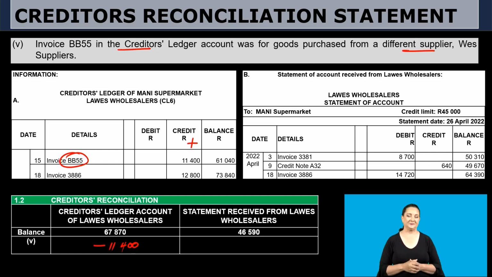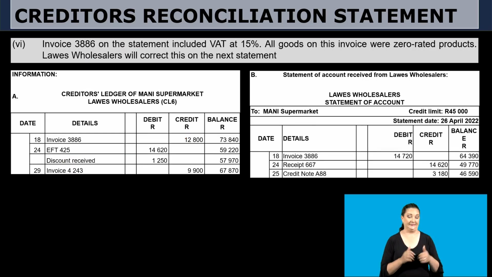Let's go on to the next one then. Number 6. It says, invoice 3886 on the statement. Okay, here it is. It included VAT at 15%. All goods on this invoice were zero-rated products. So remember, zero-rated products, we were not supposed to include VAT at 15%.